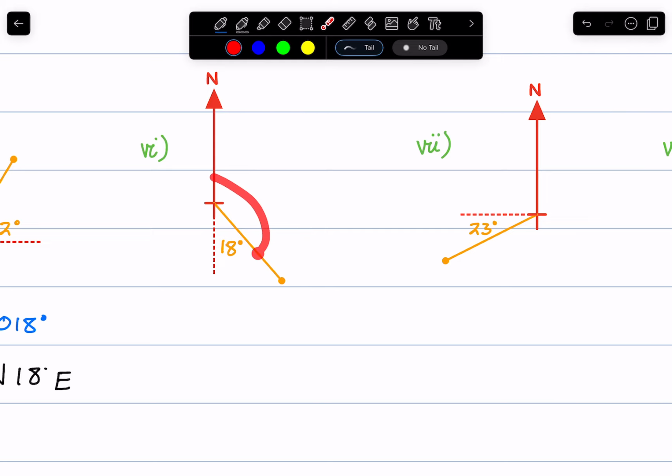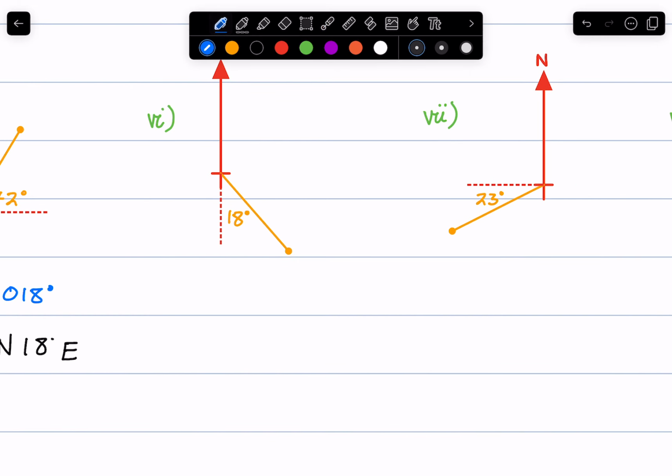So take a look. 180 minus that 18 gives us what we're looking for. So 180 minus 18, that would give us 162 degrees. So 162 degrees for our true bearing.